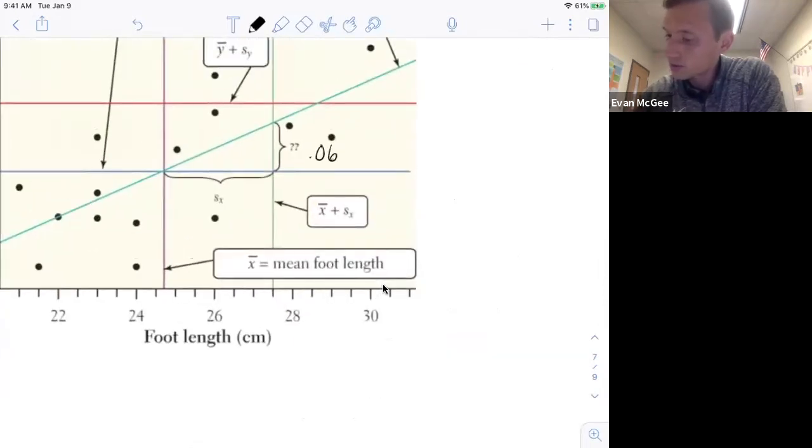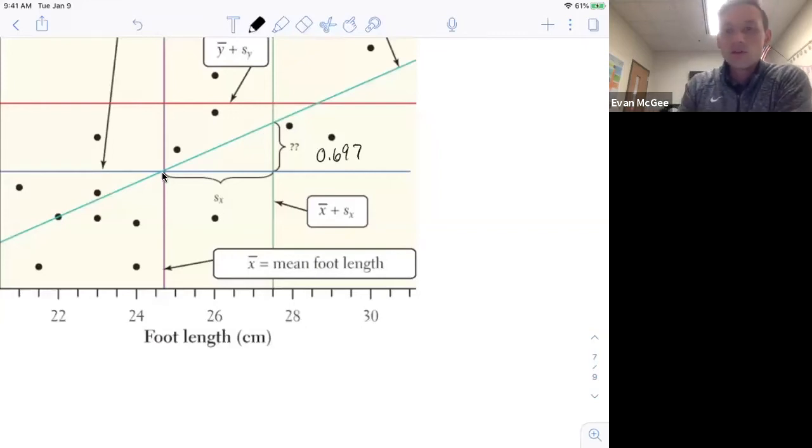0.697. So for every one standard deviation in x that we go up, the change in y is only the correlation.